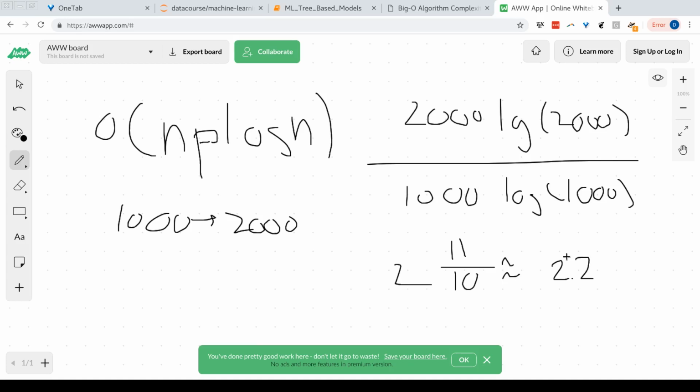In other words, if we double our training set, we're not going to double our training time. It's going to more than double, a slightly super linear scaling. In this case, 2.2.